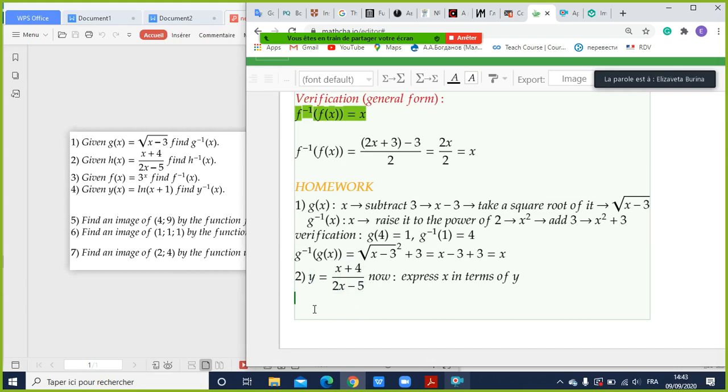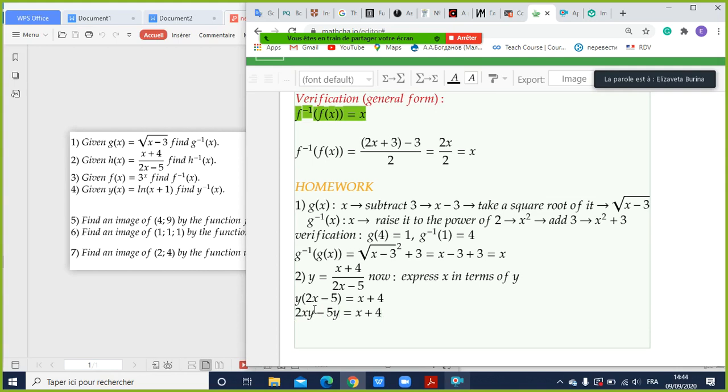So we get y times 2x minus 5 equals x plus 4, right? Good. Now we open the parenthesis on the left, so we get 2xy minus 5y equals x plus 4.